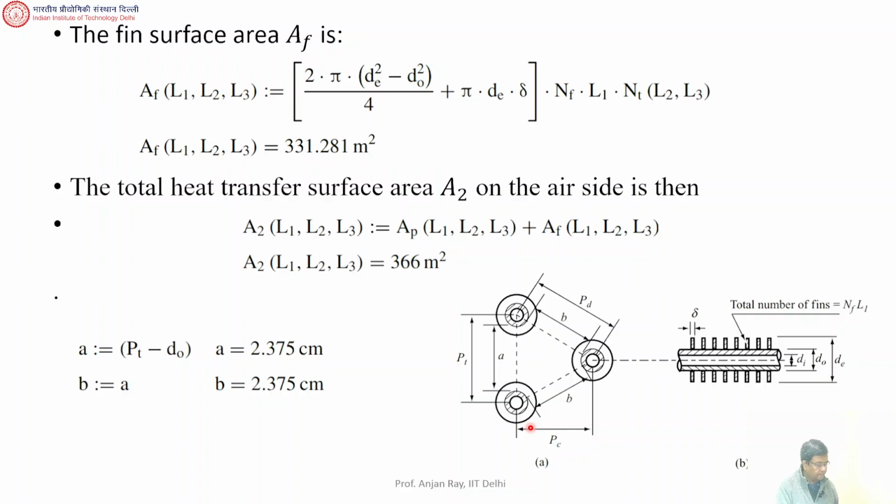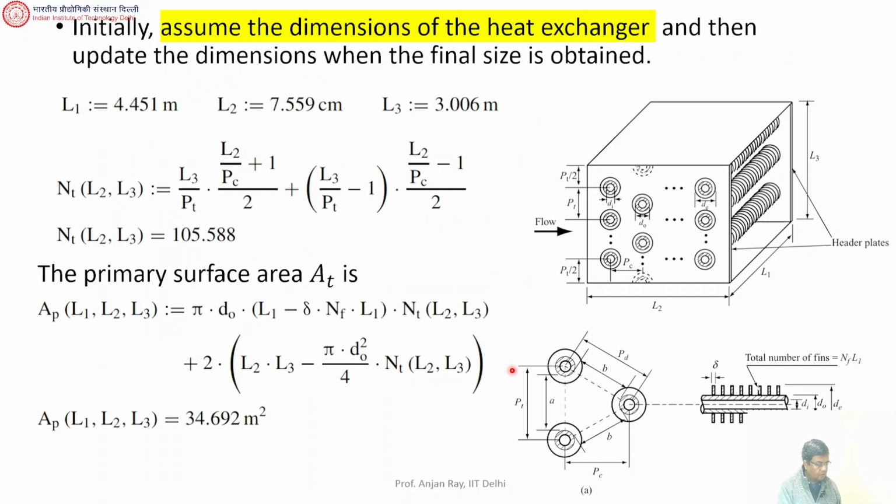And in this arrangement, we are also interested in finding what is the free flow area. So we are talking about the flow that will take place through this, correct? Just to remind you that we are talking about this sort of a situation. This arrangement is triangular, equilateral triangular pitch arrangement.